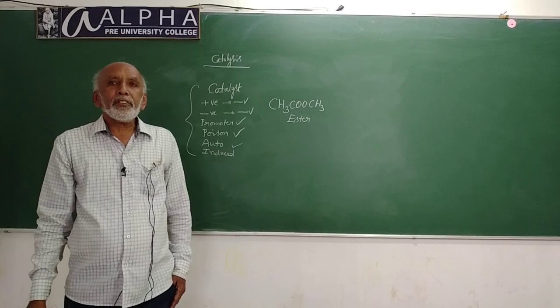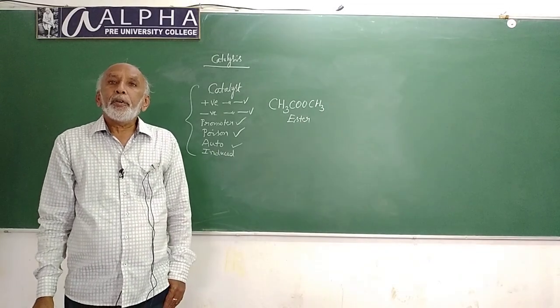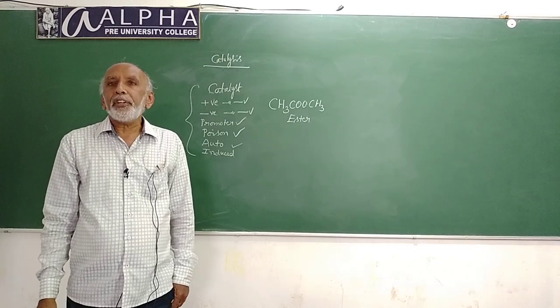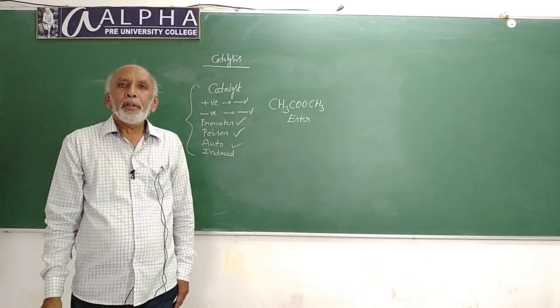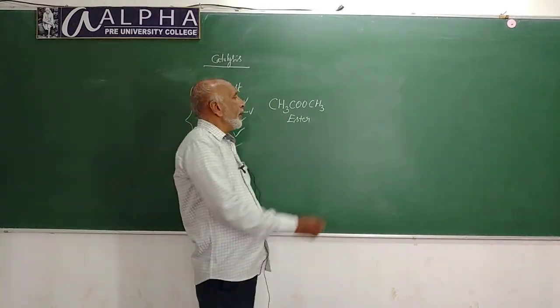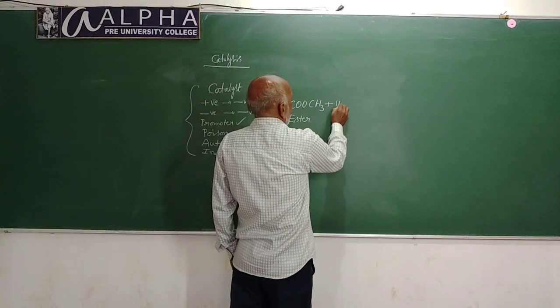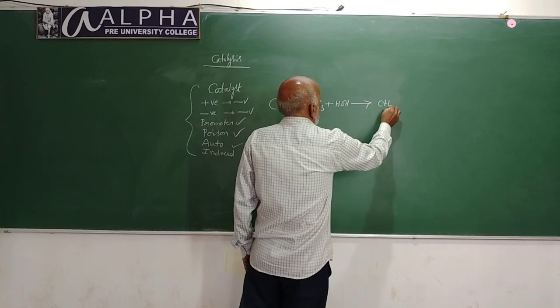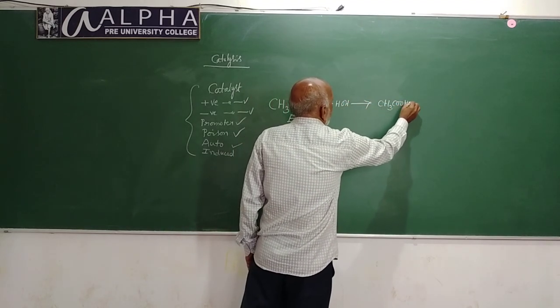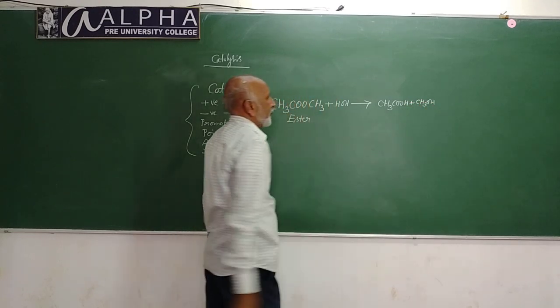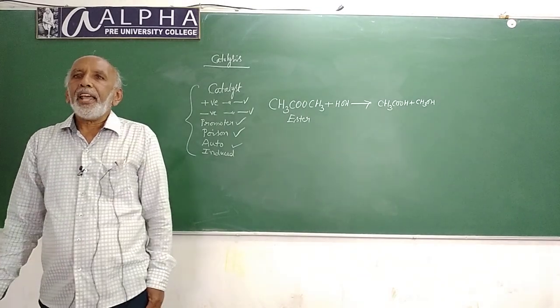Generally, hydrolysis of ester is carried out by using acid as catalyst. If you don't use acid catalyst, the hydrolytic reaction of this ester can be written as CH3COOH plus CH3OH. This is the reaction.